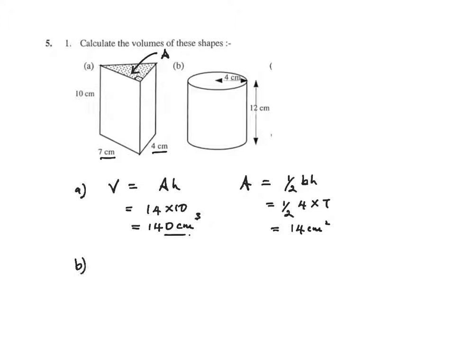Part B, what we have is a cylinder, pi r squared h. The radius of the base is 4 and the height is 12, and that gives us 603.186.